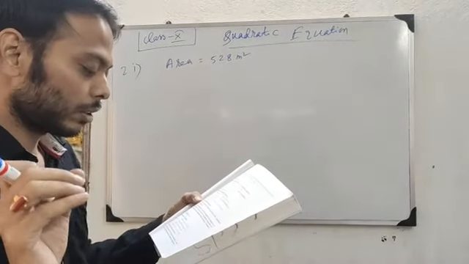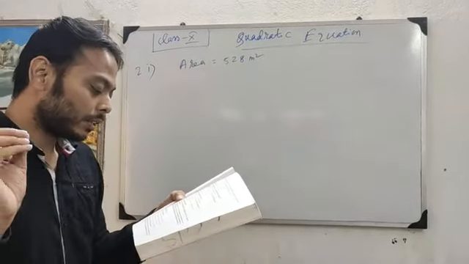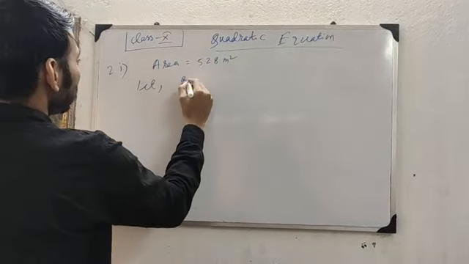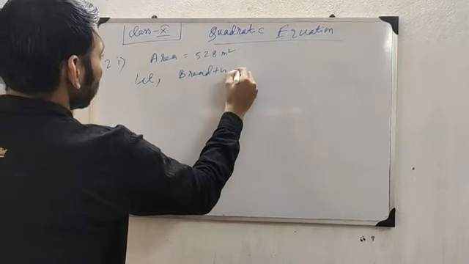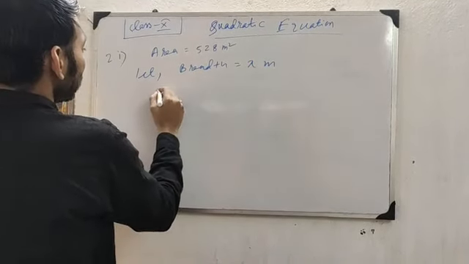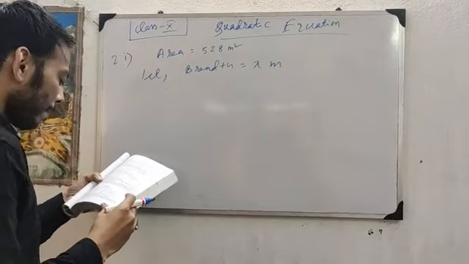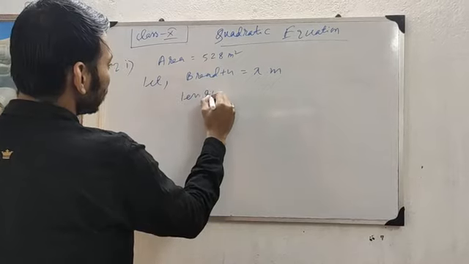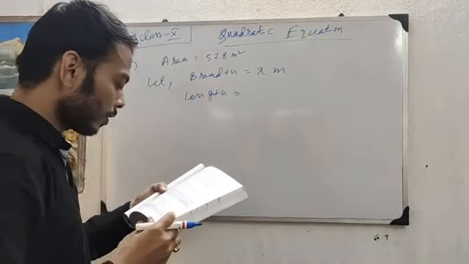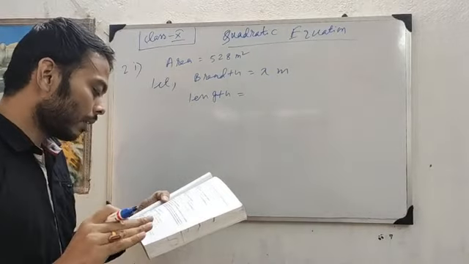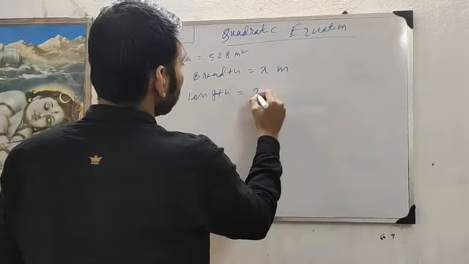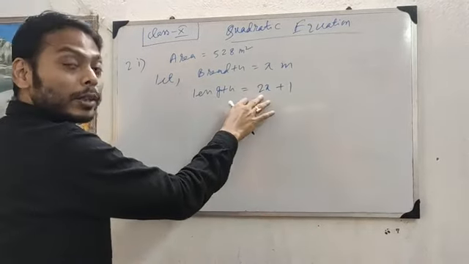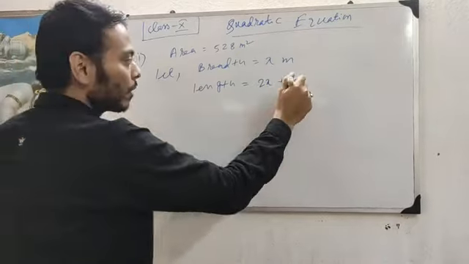So now consider, let the breadth equal x meters. Therefore, according to the problem, length equals 1 more than twice its breadth. That means 2x + 1 meters.